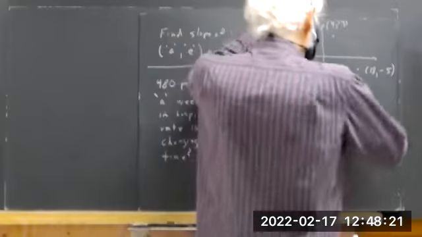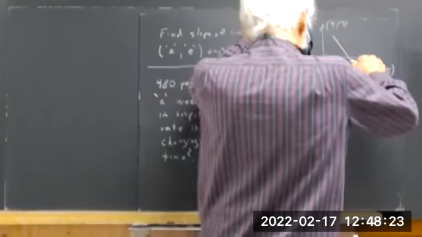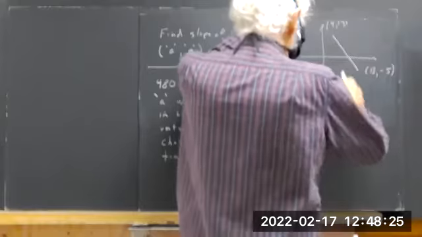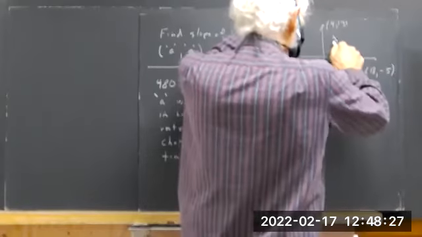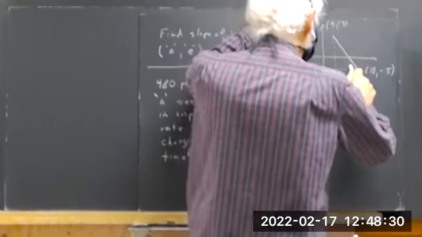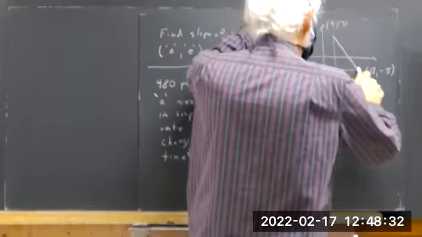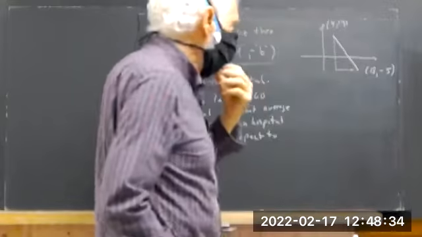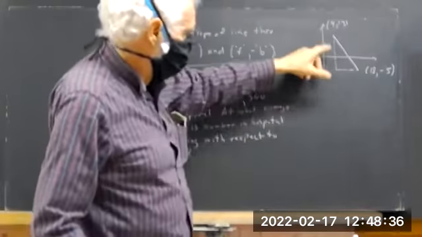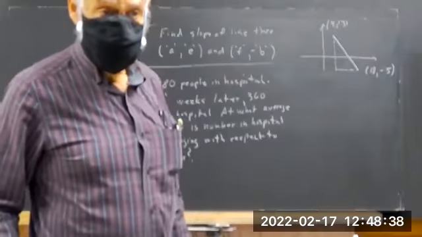Then we draw the fundamental triangle, meaning we draw the straight line between the points. And either above or below, we sketch the rest of a triangle with sides parallel to the axis, right?